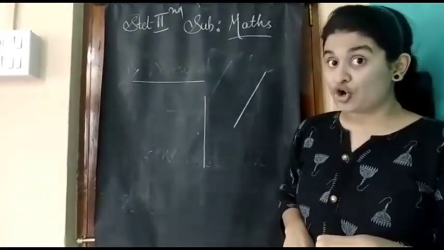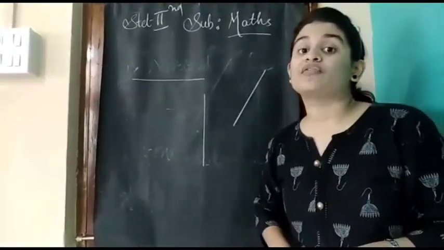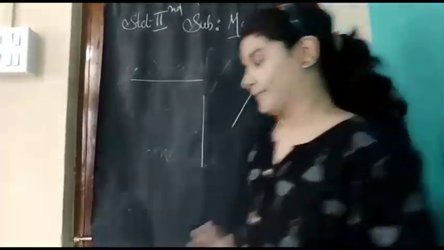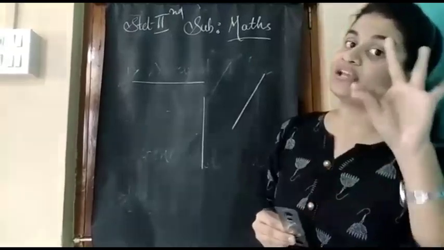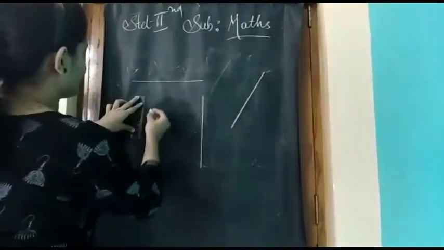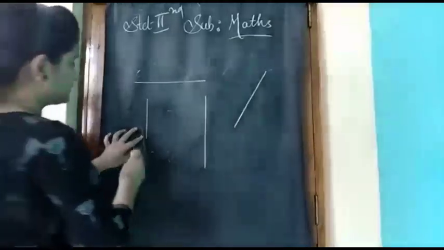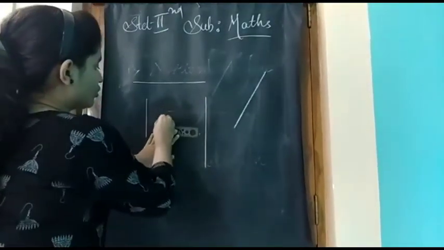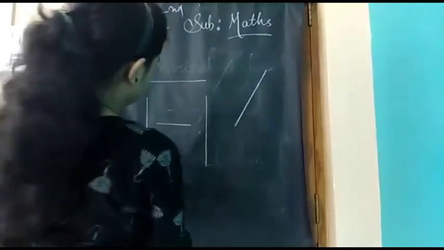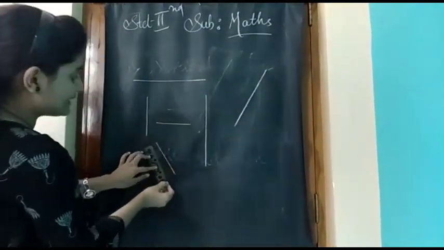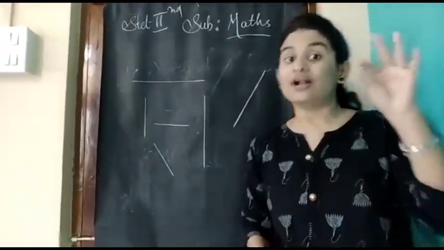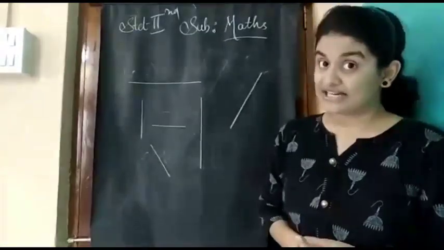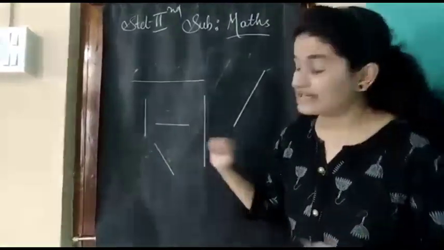Now let us draw all three lines with the help of the scale. See, I am having a scale. With the help of the scale, now I am going to draw all three lines. Vertical line, horizontal line and slanting line. Okay? So students, by now you must have understood all three types of lines. They are vertical line, horizontal line and inclined line.